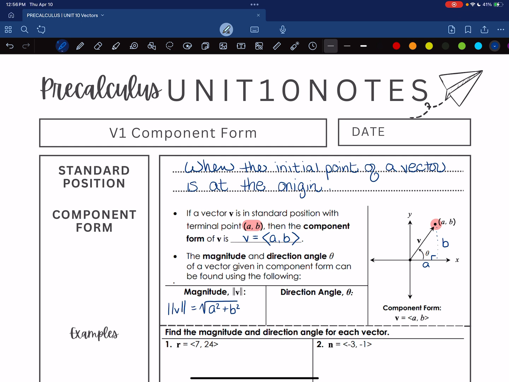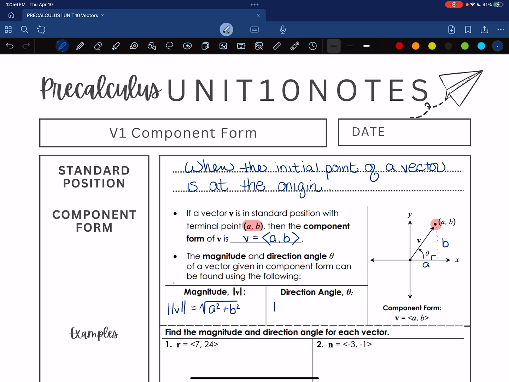So it's not a really big surprise. It is really just an application of the Pythagorean theorem from our right triangle trigonometry. And the angle is going to be relating these two sides, the opposite side from your angle and the adjacent side. Which trig ratio relates opposite and adjacent?